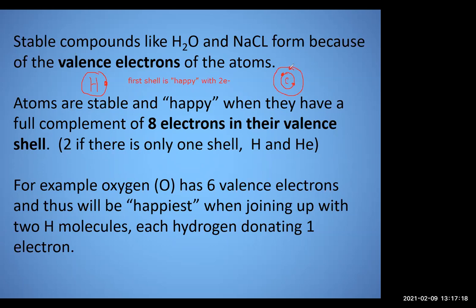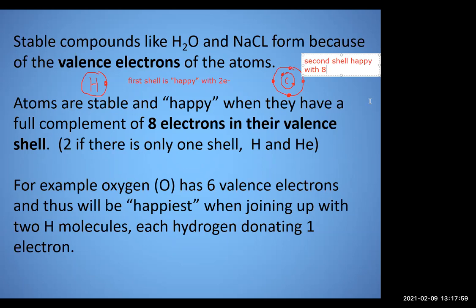The second shell of carbon has 4 electrons, but it wants 4 more because the second valence shell is happy with 8 electrons. And since we're only concerned with elements up to about 3 shells, it's going to be 2 in the first shell, 8 in the second shell, and 8 in the third shell. Okay, second shell is happy with 8, and the third shell is happy with 8.